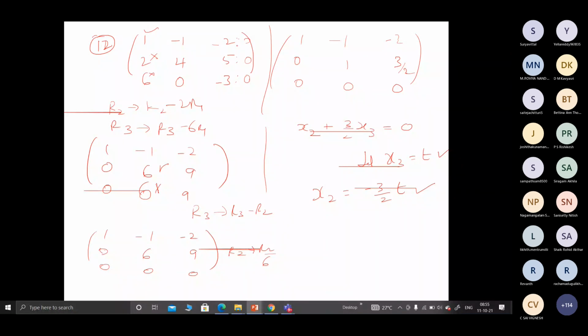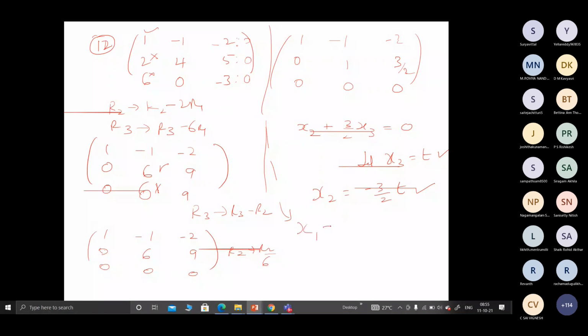We go in order. We take x3 as arbitrary, some value. Arbitrary means any value. That's the meaning. So x3 equal to t. I have chosen. Then substitute there. x2 will be minus 3 by 2 t. So once you have got x3 and x2, you have to write another equation now, the top row. So what is the top row?